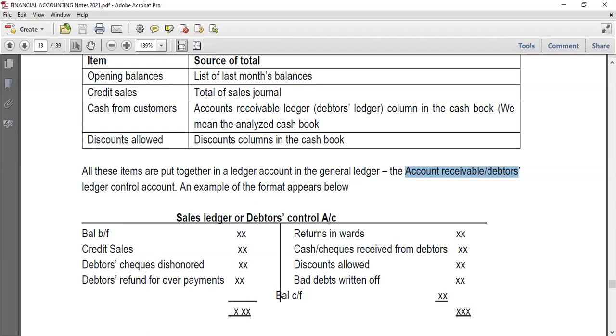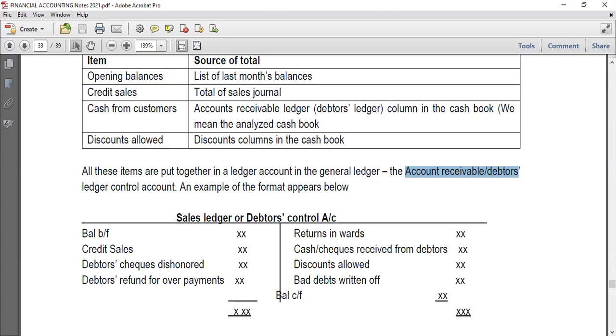You know very well we've said that the debtors control account is not much different from the normal debtors ledger account. But what this does is it is basically an alternative account that is controlling the other, okay? Making sure that we can use it to make reconciliations of the main ledger. It's like an alternative to the other, okay?